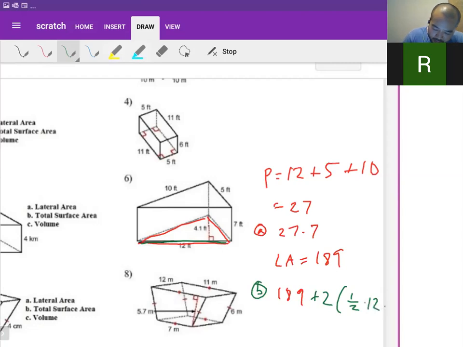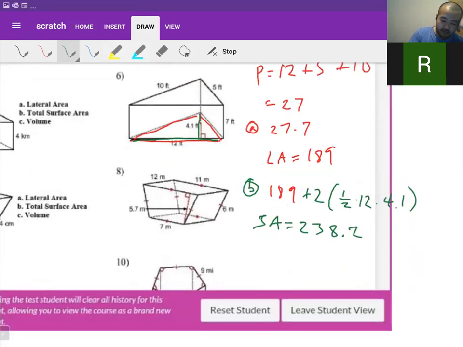And then the height of the triangle is 4.1. So 189 plus 2 times 6 times 4.1. So this one is surface area total is 238.2.